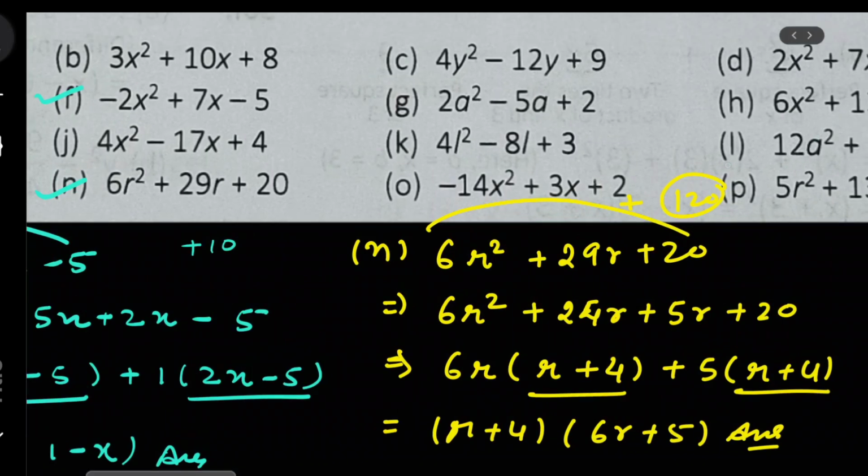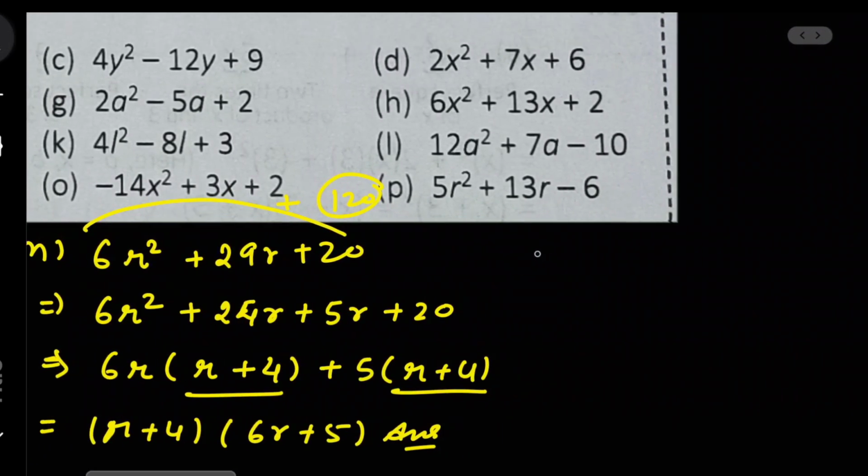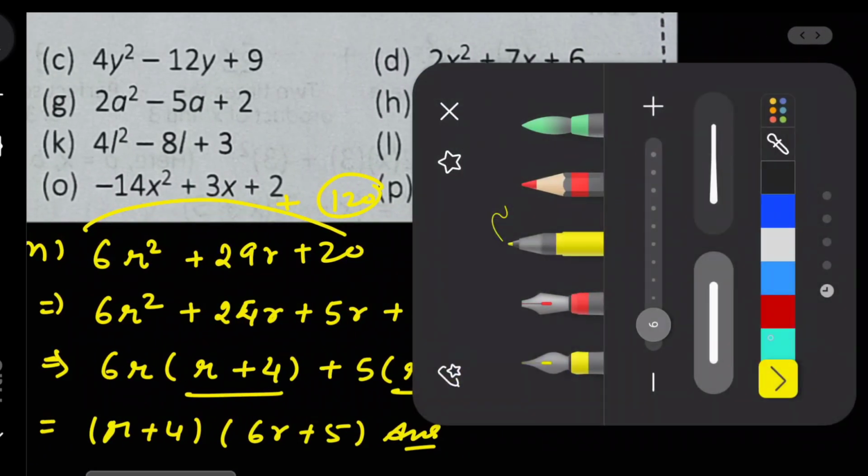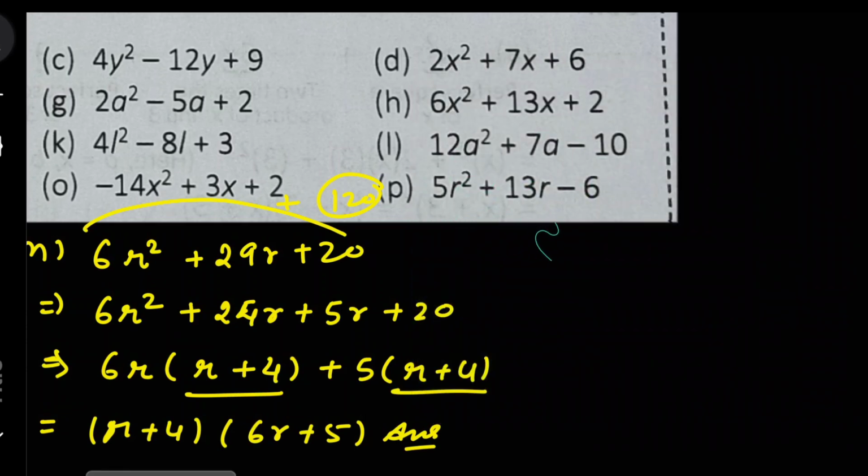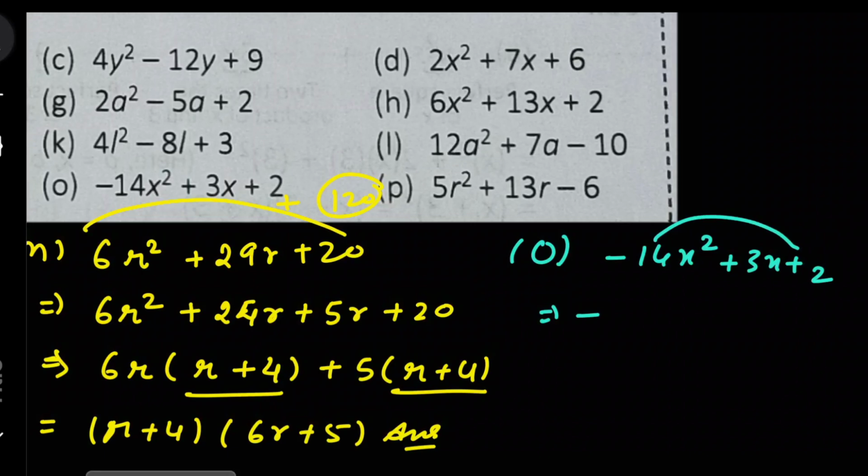And this is our answer. Now we are going to solve question number O. So question number O is minus 14x square plus 3x plus 2. Okay, so now we can write like this: minus 14 into 2, you will get minus 28.